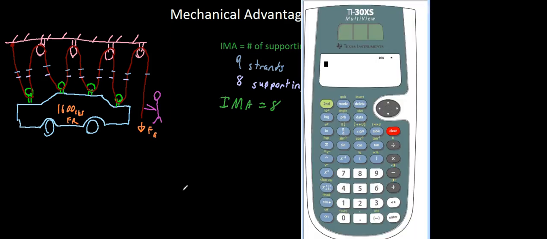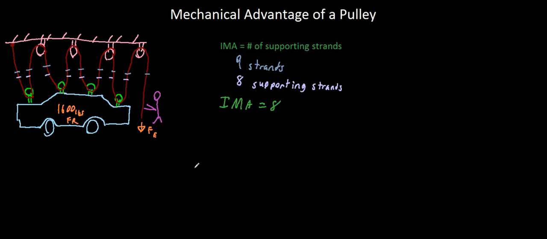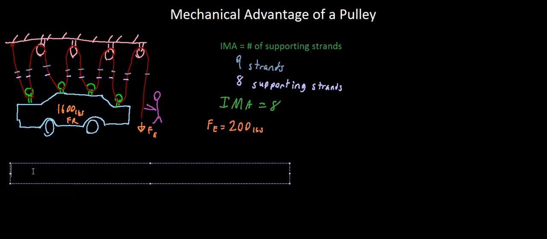Which makes force effort 1/8 of the force resistance, which is 1,600. And so what's 1,600 divided by 8? Well, that's just 200. Which means our FE is equal to 200 pounds. And this is what mechanical advantage does.